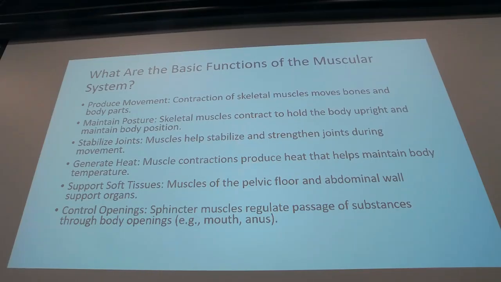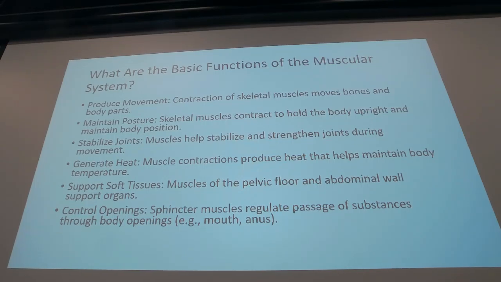Our muscle cells contain glycogen, which is glucose stored. And when we run out of glucose in our blood because we have been starving for a certain amount of time, then our muscles use this glycogen, break it down, contract, and then we generate heat so that we can maintain the body heat.